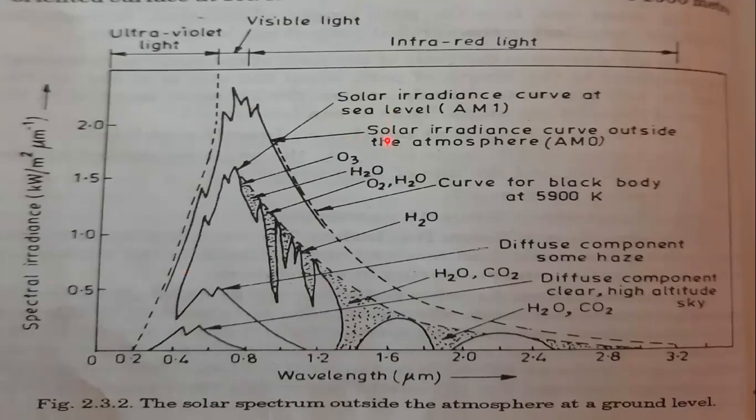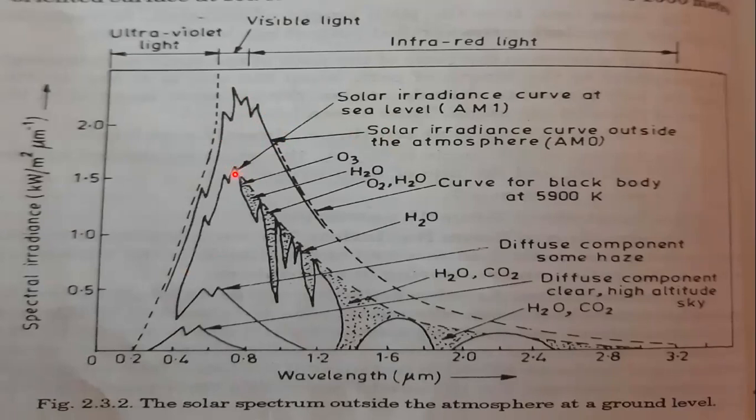The upper curve applies at the outer limit of the atmosphere. This is the outer limit of the atmosphere, air mass 0. And the lower curve is Earth's surface during clear days for a sea level location, AM1. This is observed on clear days.